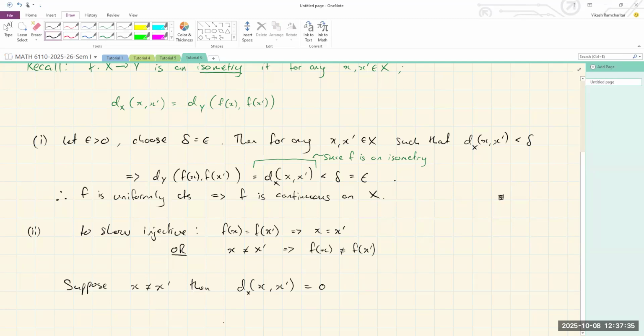Therefore, the distance in X between these two points should be non-zero. Of course, if it's not zero and the metric is never negative, then we could write that the distance is strictly positive, because these two points are distinct. So that's a property of any metric.